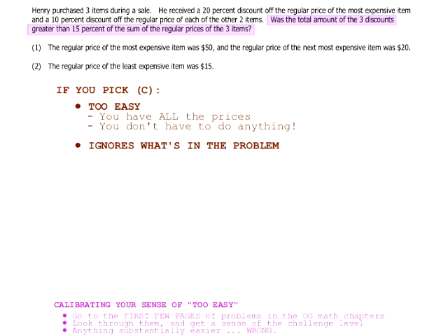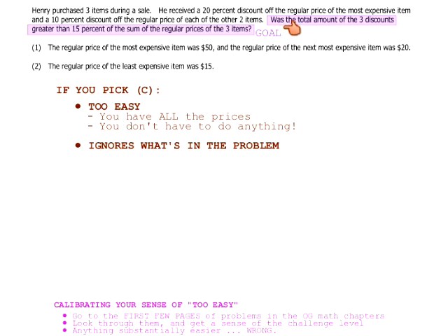This is the goal, right? If you've watched these sessions before, I'm always talking about how goals are a thing, because one of the biggest reasons data sufficiency is a thing in the first place is because it tests your ability to focus on a goal and make sure that you're actually trying to find that goal. So if you just find all three prices, that means you're not really paying attention to what the question says.